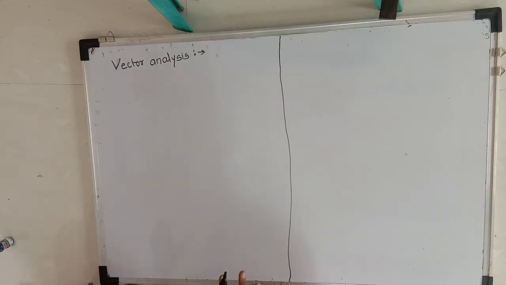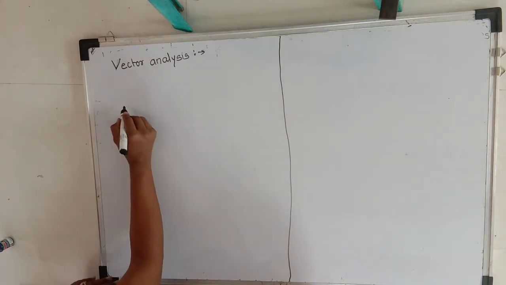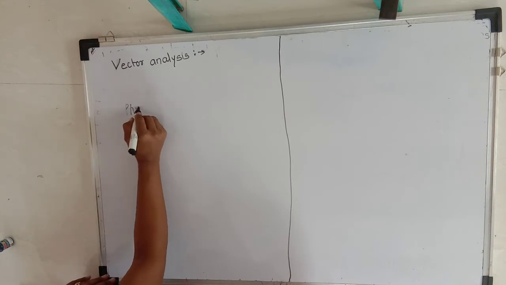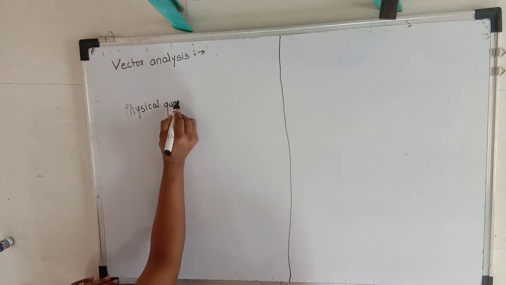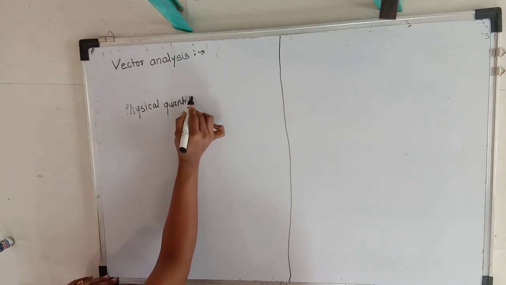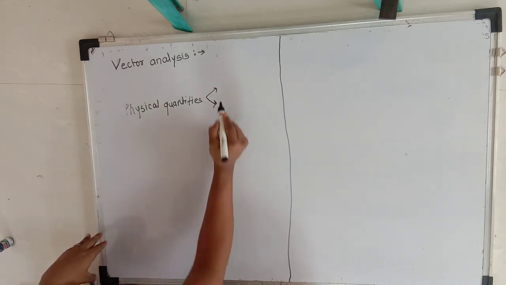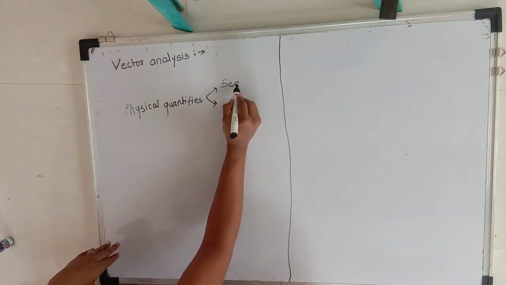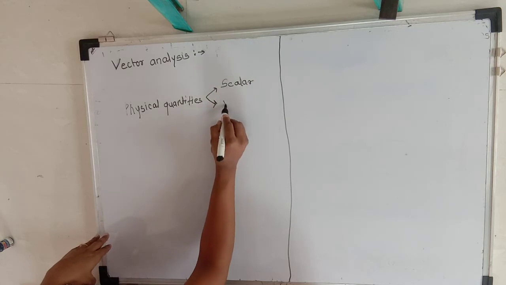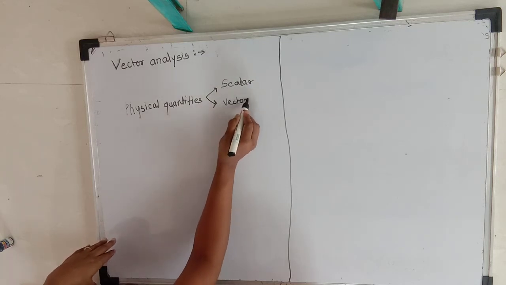Suppose we have any physical quantity. All physical quantities are divided into two types: either a physical quantity is a scalar quantity or it is a vector quantity.